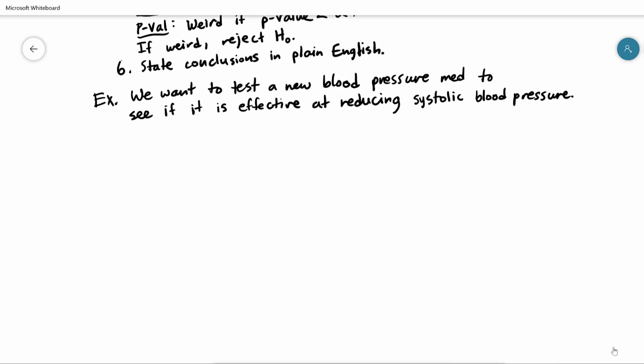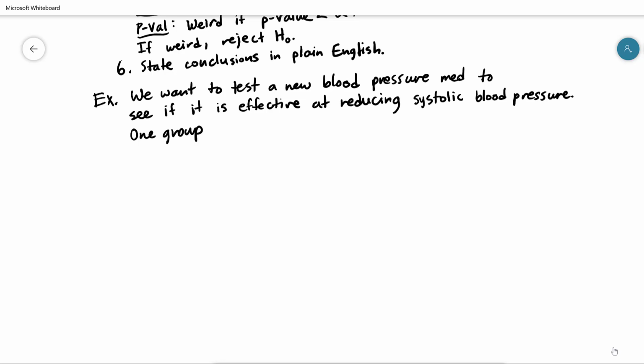So our participants in this study, we're going to have 2 different groups of people to test this blood pressure medication. And so we'll say one group of, I don't know, let's say 70 people. I think that's what I've got in my example here.